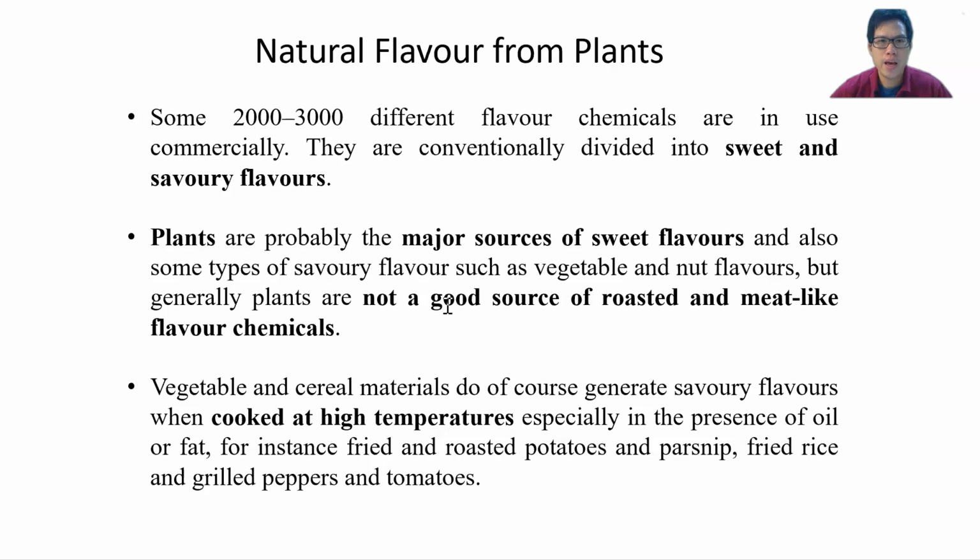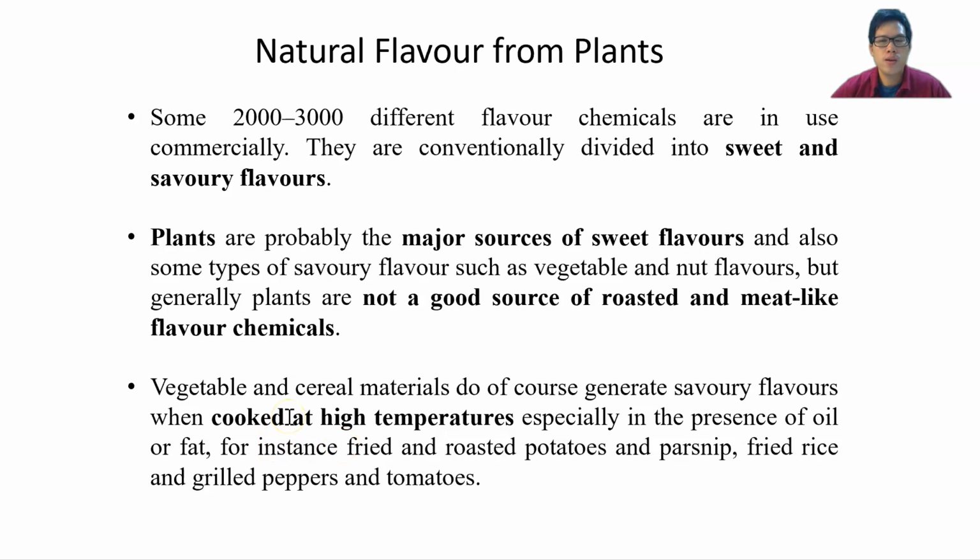But by saying that, if you have further processing of these sweet flavors, it is possible to further react into savory flavor. For example, when cooked at high temperature, especially in the presence of oil and fats, for instance fried or roasted potatoes, they will give the savory type of flavor.